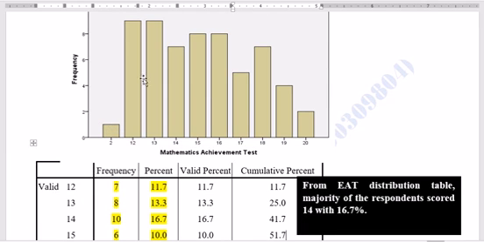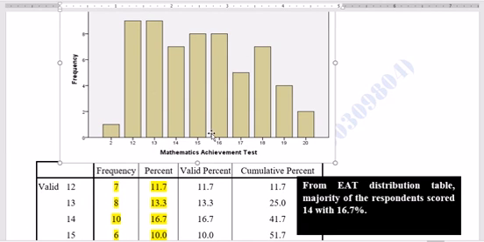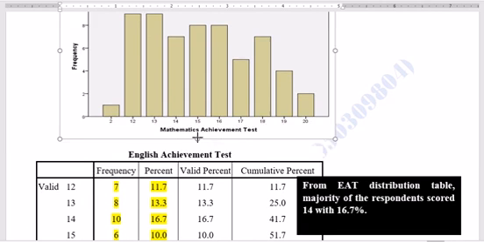Therefore, from this, the layman can interpret that with what you are giving me, 12 and 13 are equal and taller. Therefore, they have more than any other bars that you have here. That's mathematics. Now, let's move down to English achievement test.